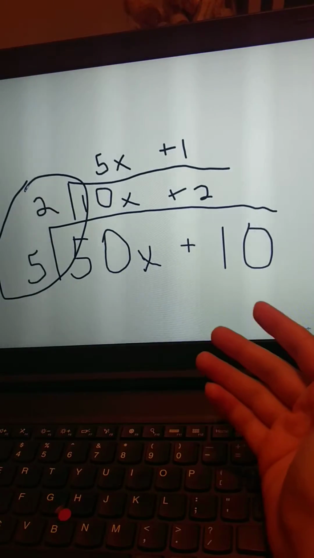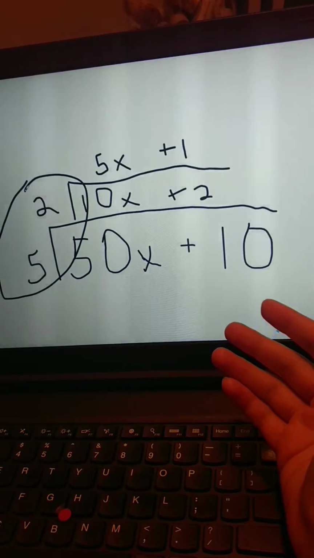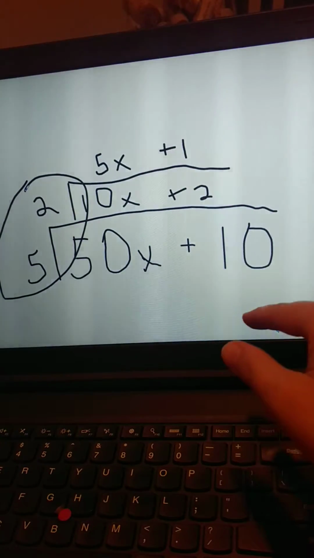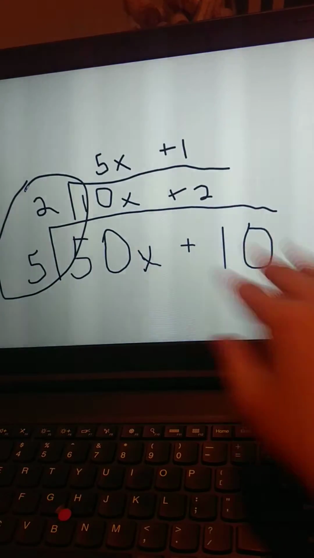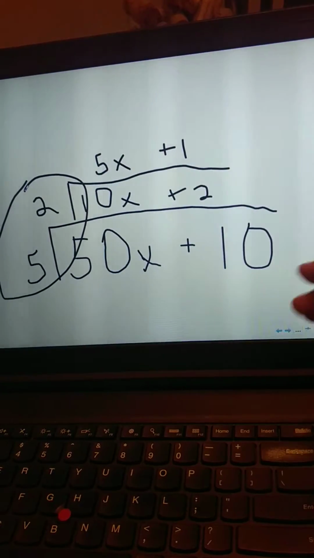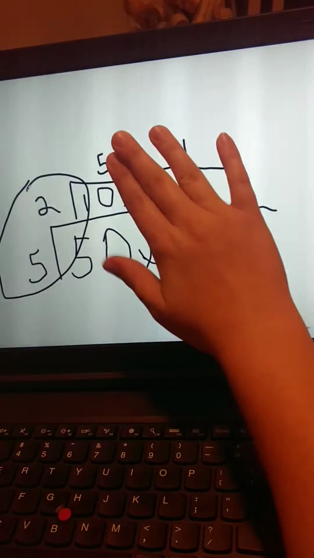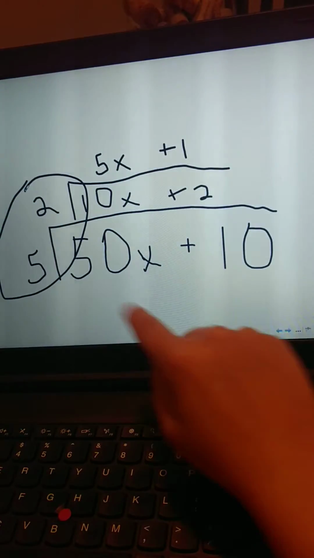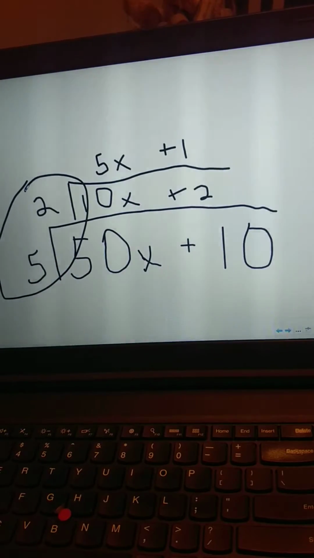So if you're having kids who are struggling with finding greatest common factor after you've gone and you've listed out all the factors and done all of those things that I saw you doing in some of your lesson plans, this might be a good thing to give some of those students who are still struggling with finding the largest one, so at least they know that they can get there. It might take them longer because they're not noticing the larger one, but at least they have a chance of finding it.